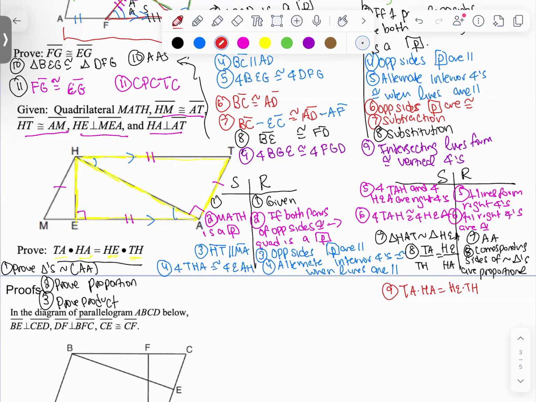The fancy way of saying cross multiplication is in a proportion, the product of the means equals the product of the extremes. And there we have it, the full proof.